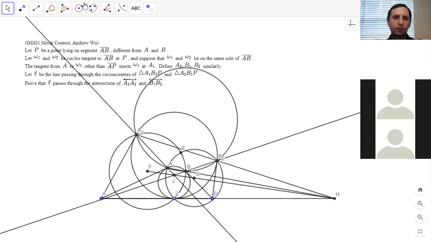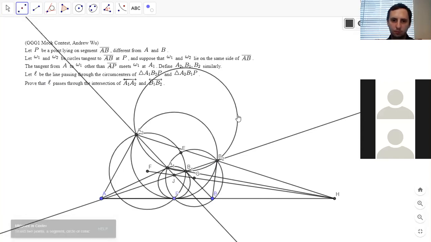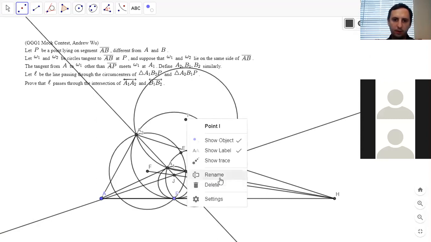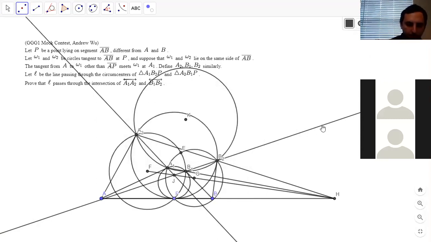I'll label the center of it K. Basically we want angle FA2K to be 90 degrees. That's one way to say it.